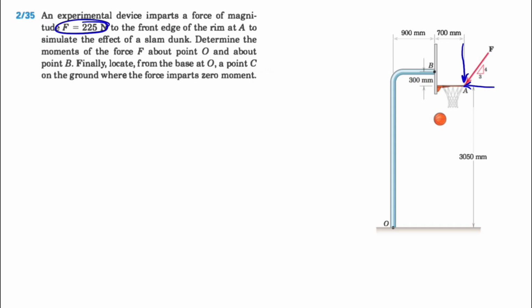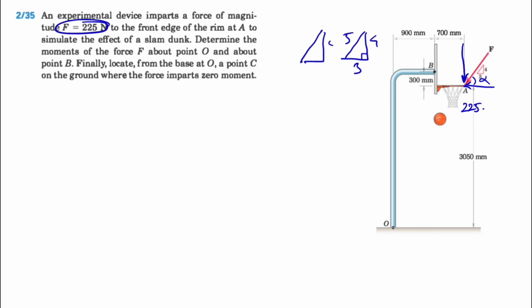To find Fx, we have 225 times cosine of alpha, if we call this angle alpha. We have this right triangle with sides 3 and 4, and we know the hypotenuse will be 5. This is one of those famous combinations for right triangles that can save us some time.